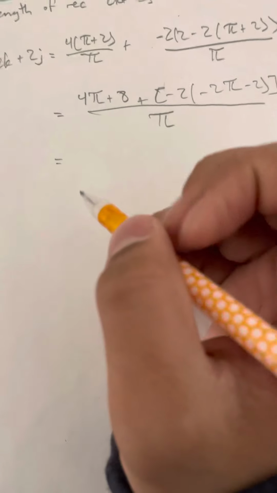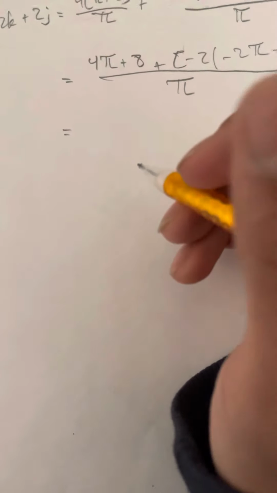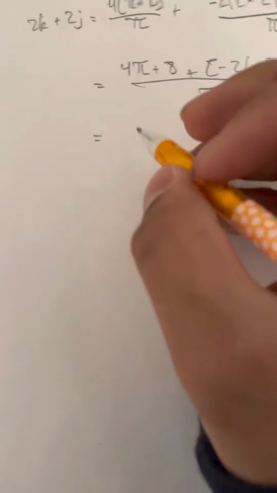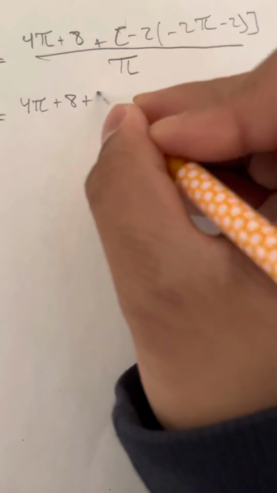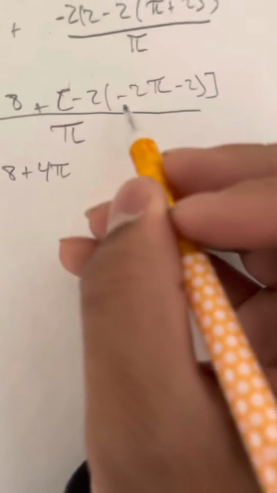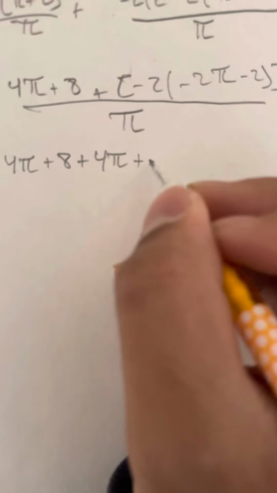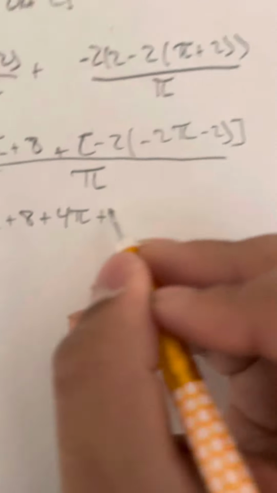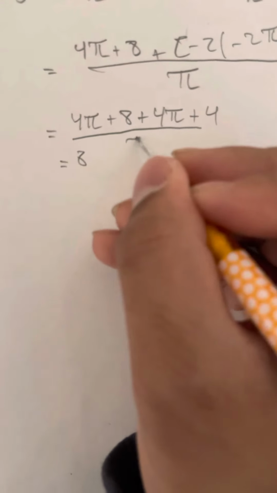Then we have 4 pi plus 8 plus 4 pi, because -2 times -2 pi is 4 pi, plus 4, giving us 8, oops, forgot the pi.